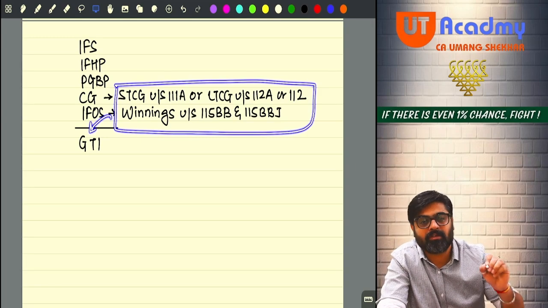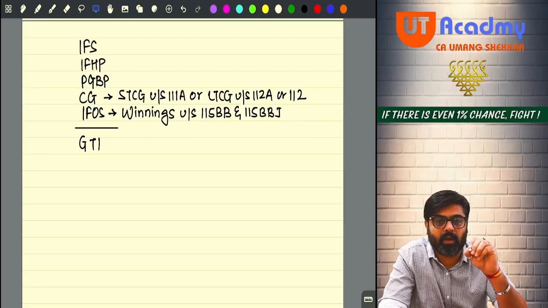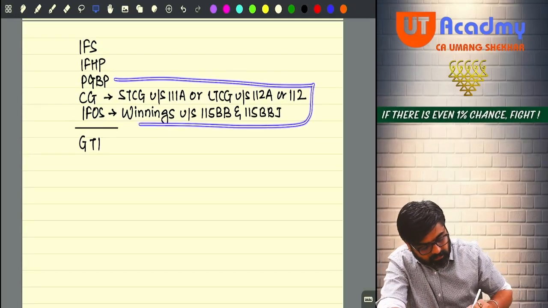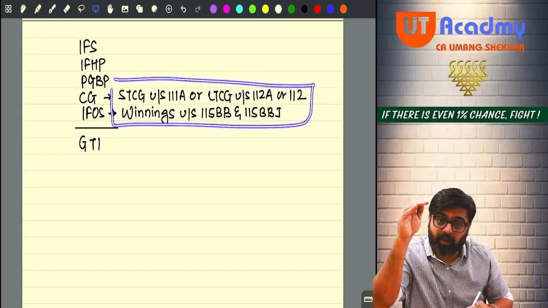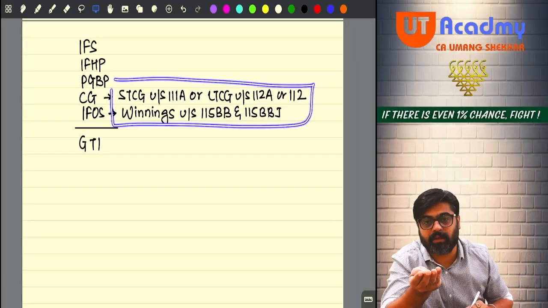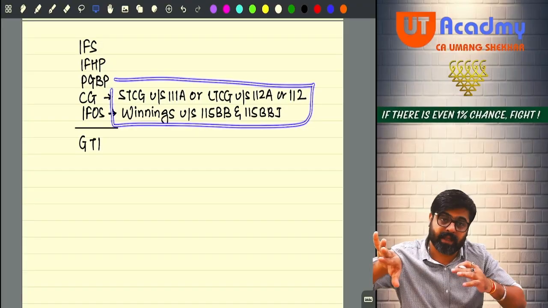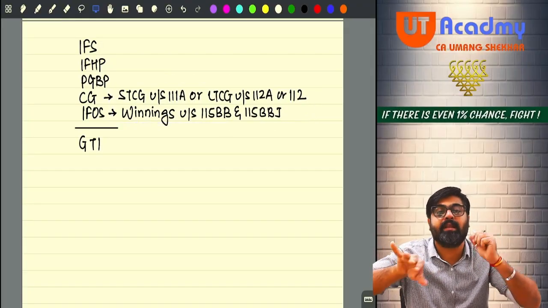So the law says that you cannot claim Chapter 6A deductions from these incomes. Meaning if your GTI includes these incomes, remove these incomes from your GTI and take the Chapter 6A deduction from the balance GTI only.